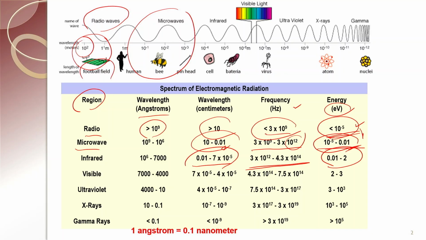Then comes visible light. Visible light has the wavelength in this range, and depending on the wavelength, the color changes.